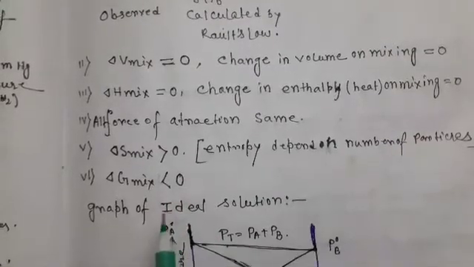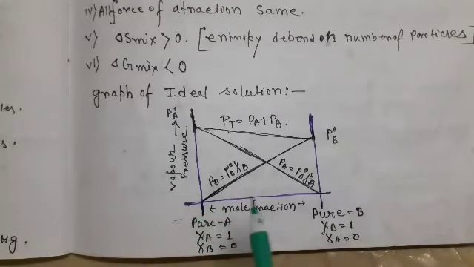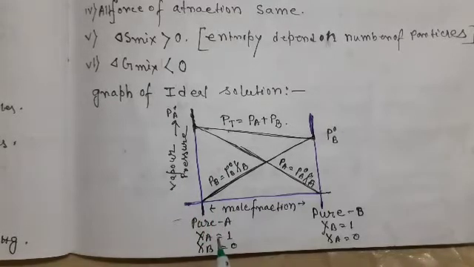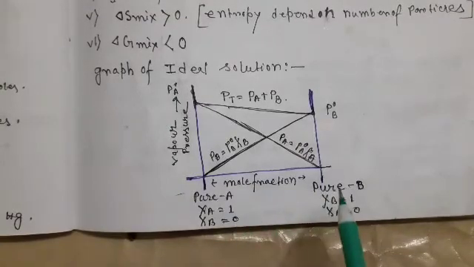Now the graph of an ideal solution. Here the x-axis denotes the mole fraction and the y-axis denotes the vapor pressure. At pure liquid A, zeta A is equal to 1 and zeta B is equal to 0. At pure liquid B, zeta B is equal to 1 and zeta A is equal to 0.